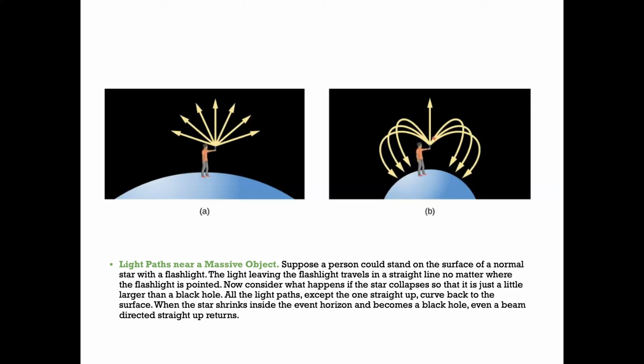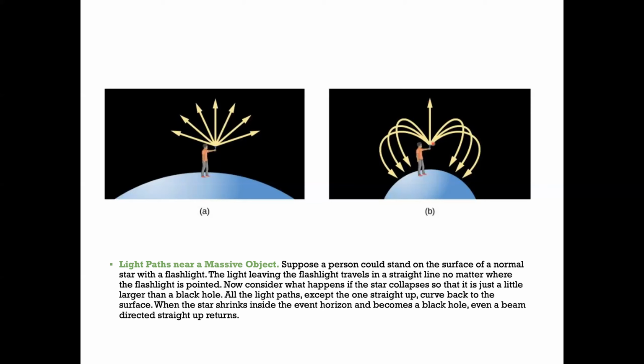Now you can see that all these light rays are curved back to the surface, close to the black hole, right? So they will not be able to escape. And because of that, you will not be able to see these light rays from Earth. So they are curved back. So there is only one ray that goes straight up.